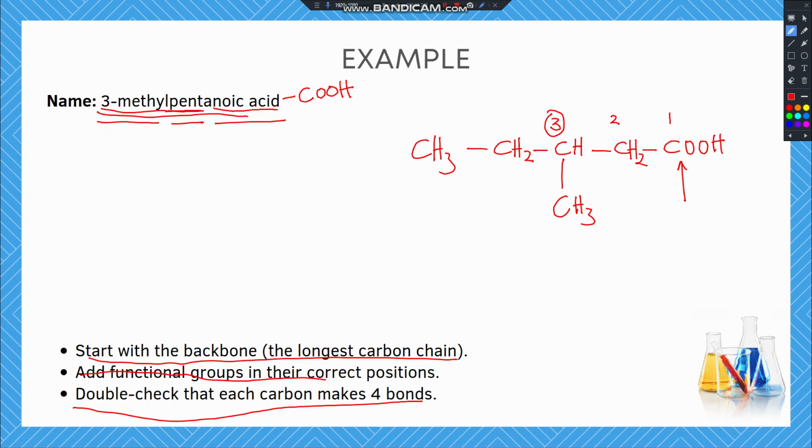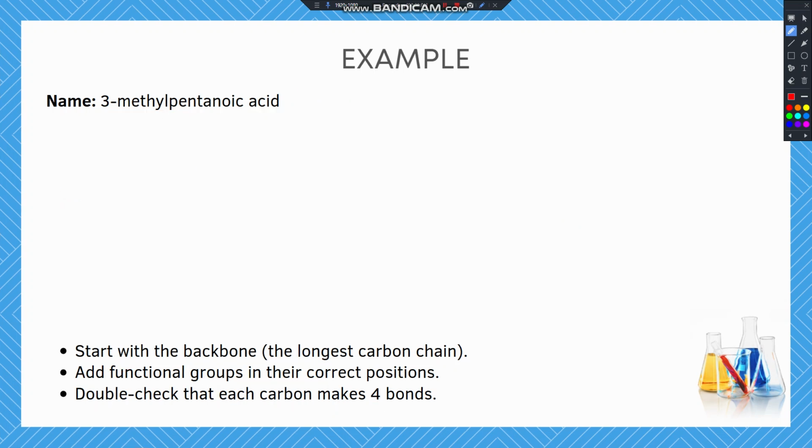So this is what the structure will now look like. CH3, CH2, CH, and then we have CH2 and then COOH. And now if I wanted to draw the structure of this compound using the skeletal structure, it would simply look like this.